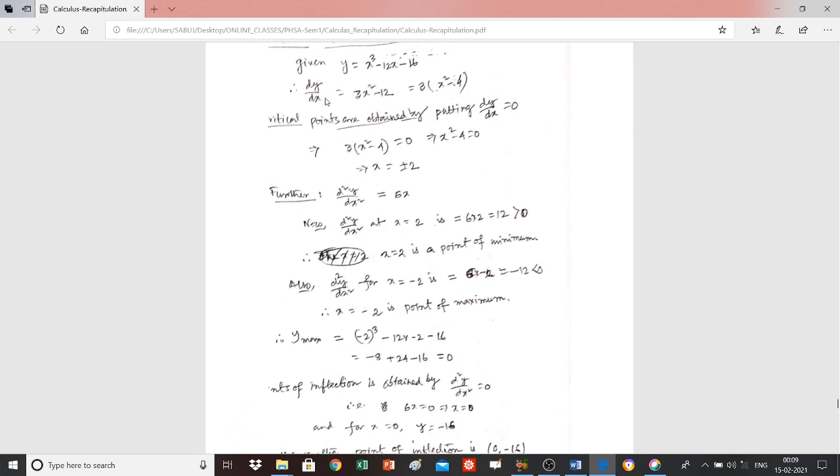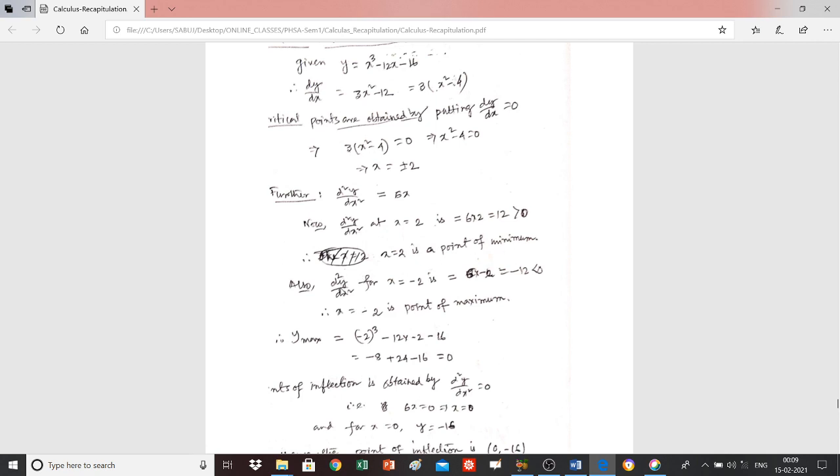Now differentiate this expression once again with respect to x. That provides d2y by dx squared equal to 6x. Use x equal to 2 to determine d2y by dx squared. That gives 12, which is greater than 0. So x equal to 2 is the point of minimum.